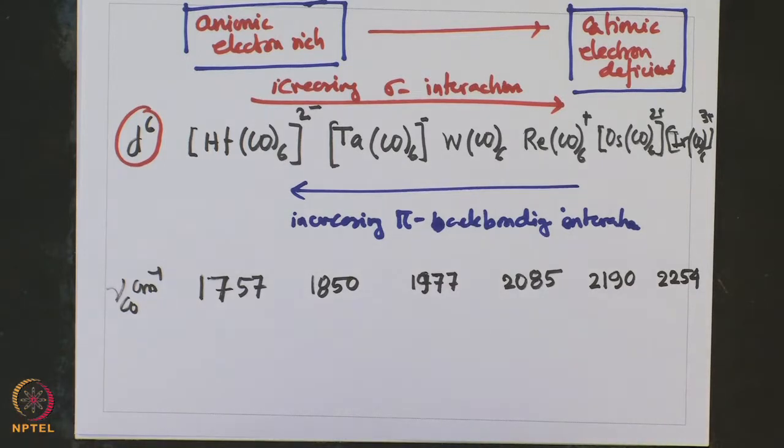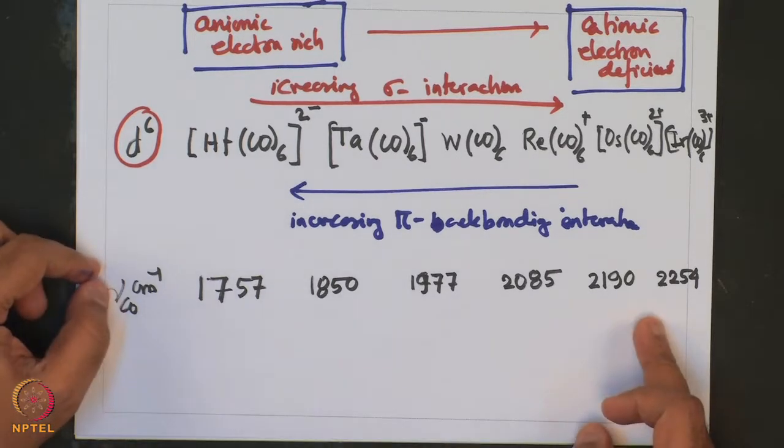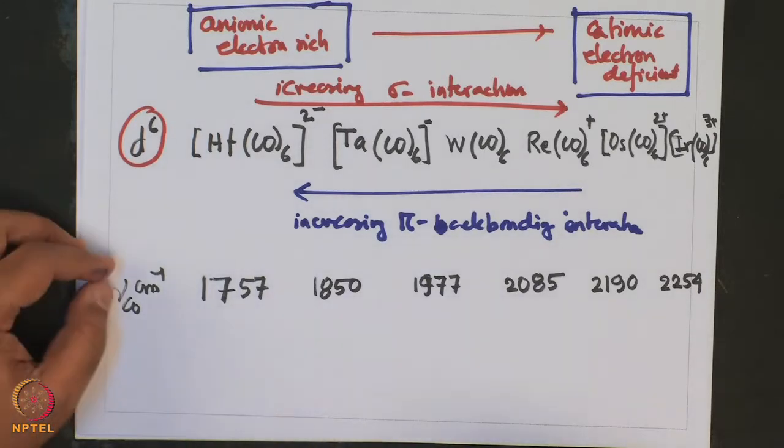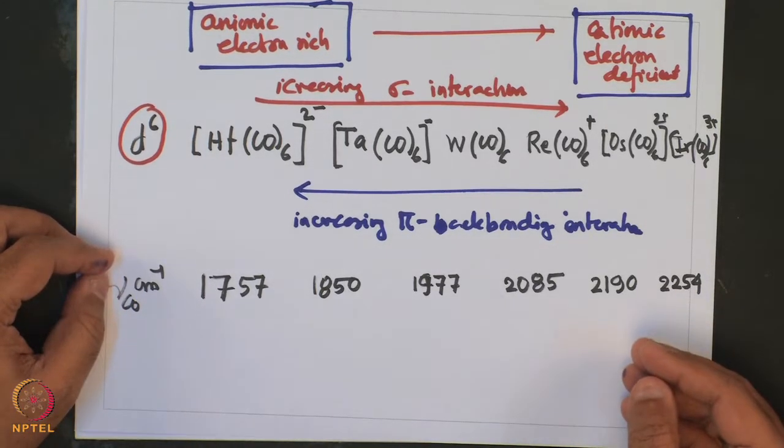So, this is a nice example of how the metal CO sigma as well as metal CO pi back interactions that we have studied can be used to explain the variation of nu CO stretching on going from a very electron rich metal center to a very electron deficient metal center.